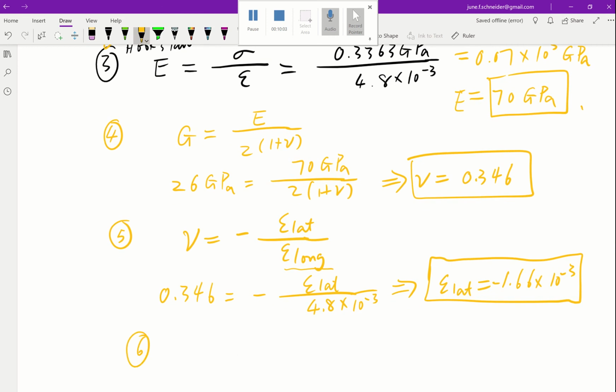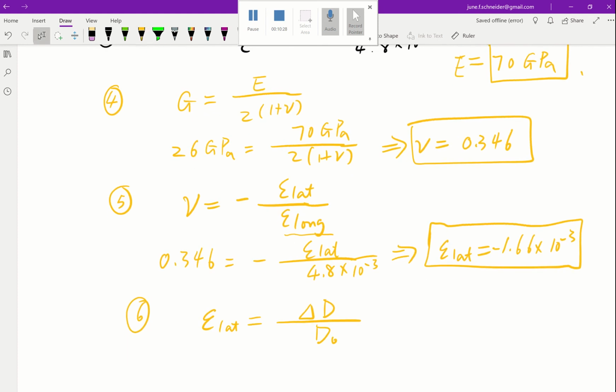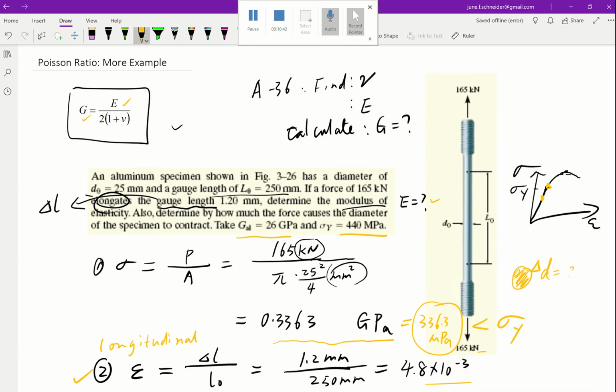So the last step, how much is the change in that diameter? Because we know epsilon lateral is the change in the diameter over the original diameter. I'm going to use the big D to indicate the diameter. So this is negative 1.66 times 10 to the negative 3 lateral strain, times the original diameter.